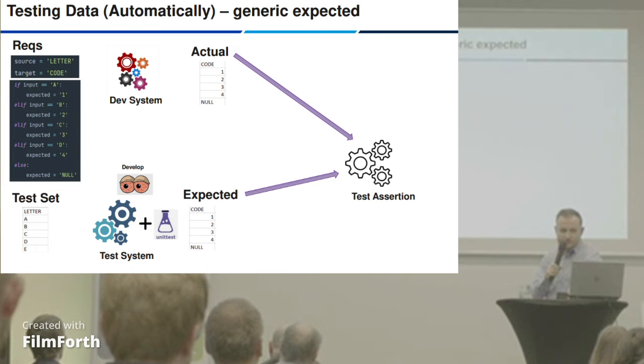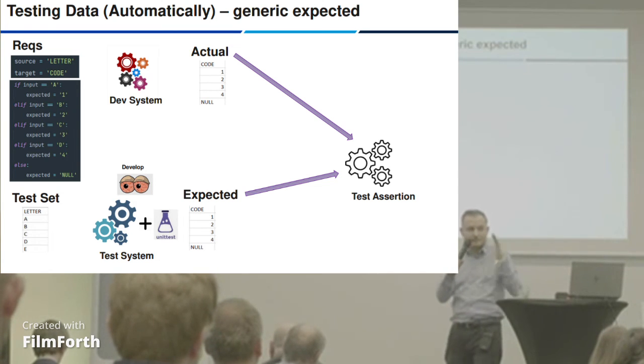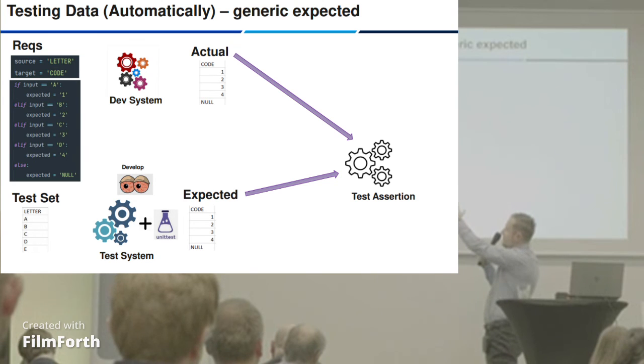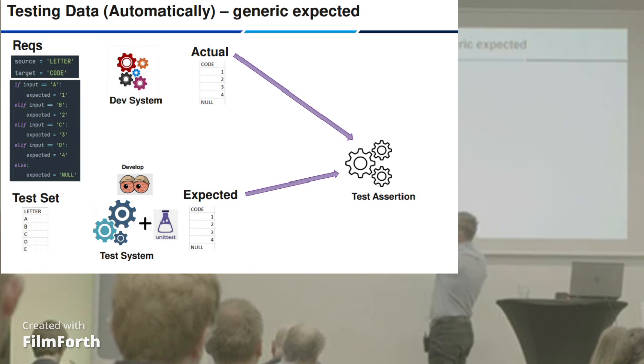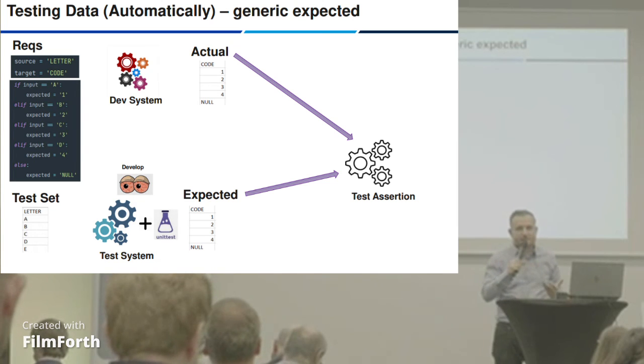So the next approach is generic expected. Exactly everything is the same, and we've got this. In this approach, we reproduce the logic as in the developer system. We create something like the same mechanism in another technology, and maybe it's maintainable. But it's not so pretty as, for example, the dev system code.